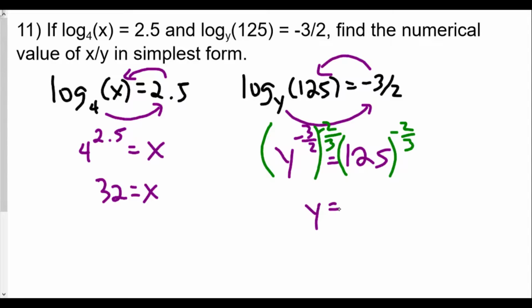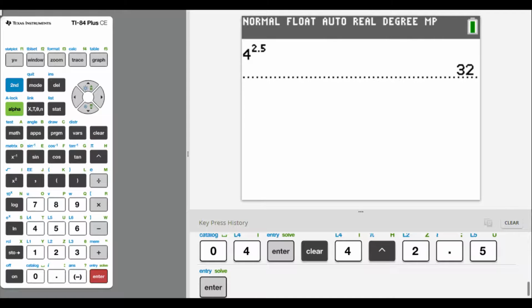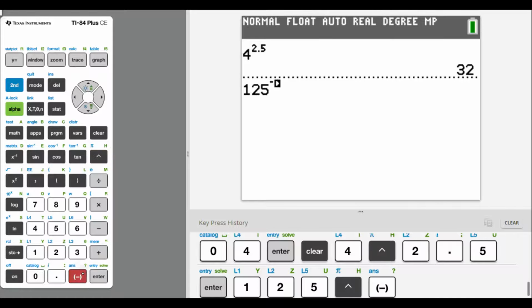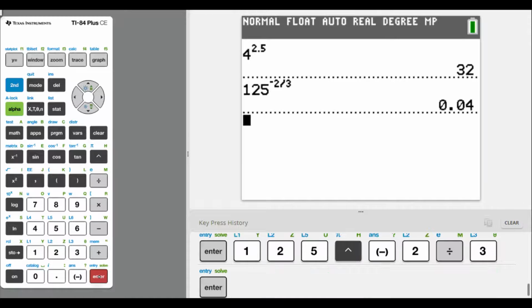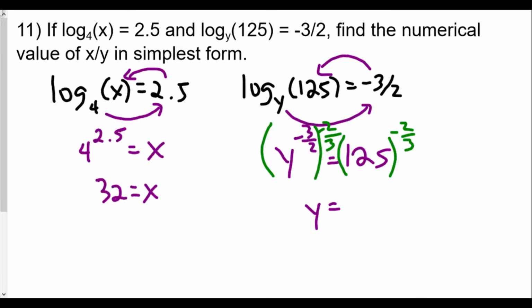But now we've got to figure out what 125 to the -2/3 is. Again, we go back to our calculator: 125 raised to the -2 divided by 3, and we get 0.04. So y is 0.04.